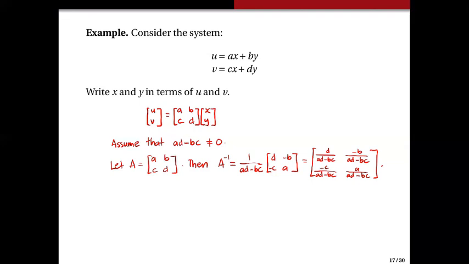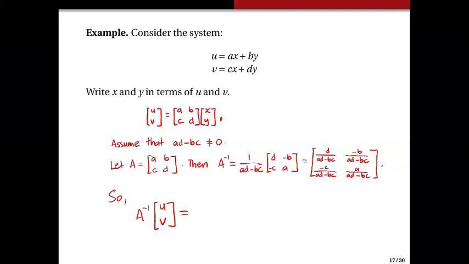Then, take note, we have this here, (U, V) is equal to this matrix times this vector. So what we're going to do is to multiply A inverse on the left, the left factor. So I will have A inverse times this vector (U, V) here.